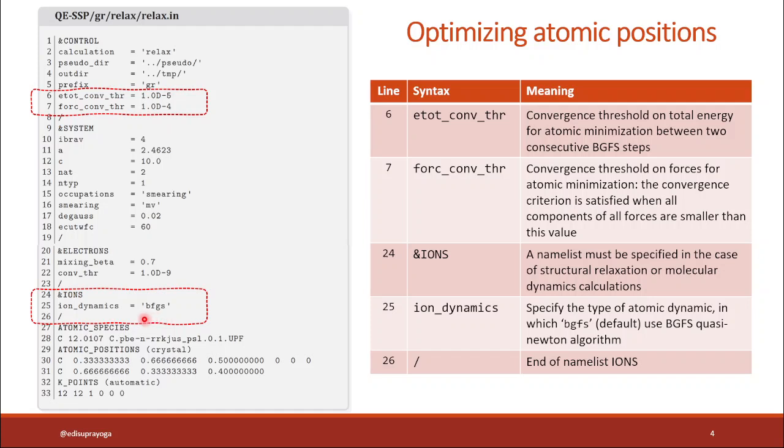Note that the namelist ions is the only mandatory additional parameter. There are several variables that can be specified within this namelist, which control the algorithm used to find the optimized atomic position. However, you can leave it empty if you are happy with selecting all defaults.